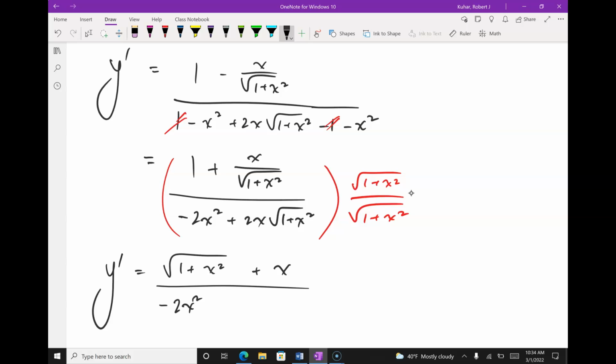Numerator can be 1 minus. Yes, thank you.